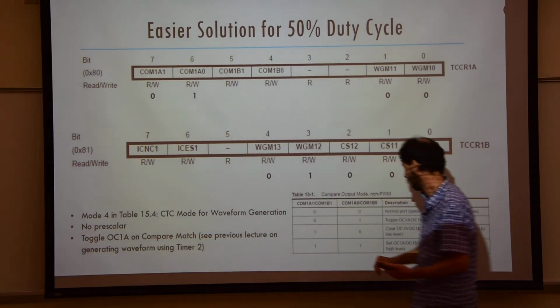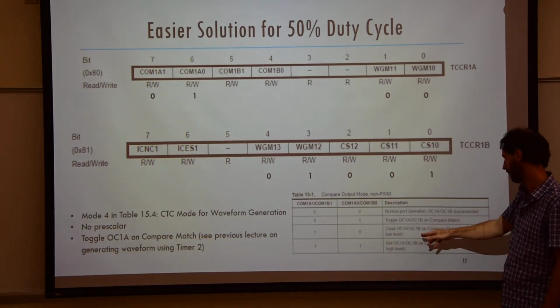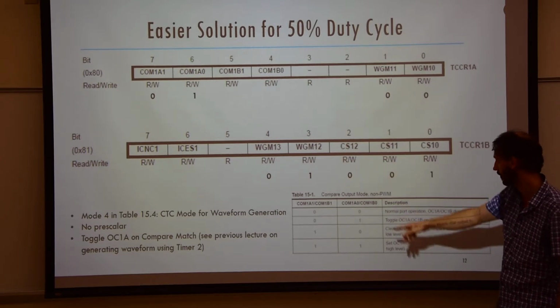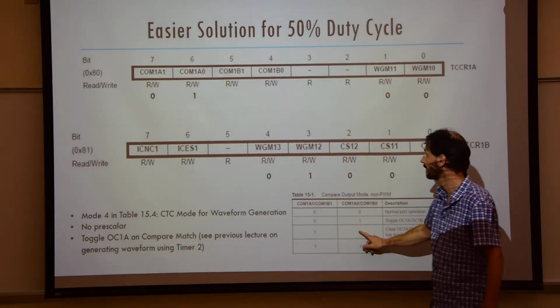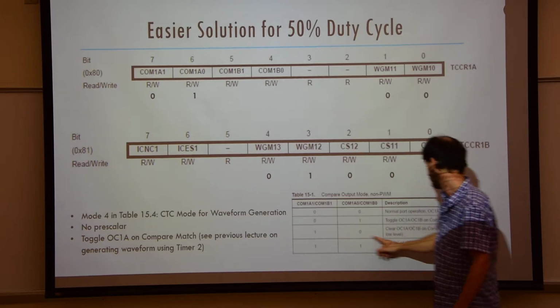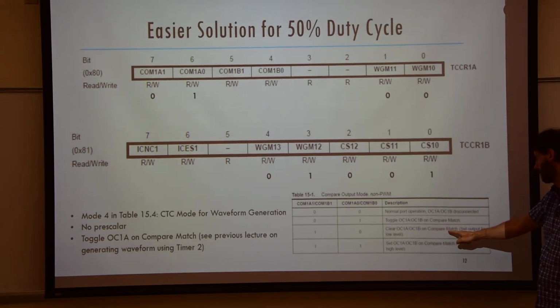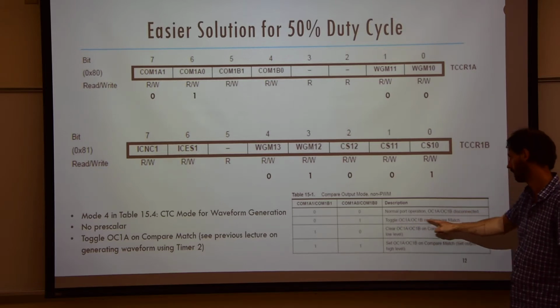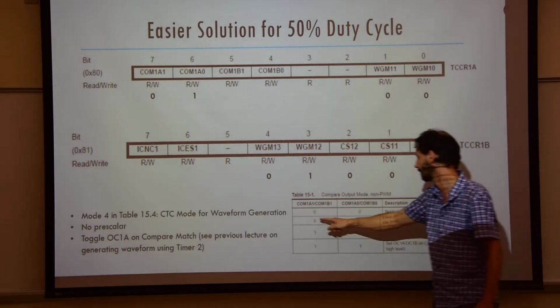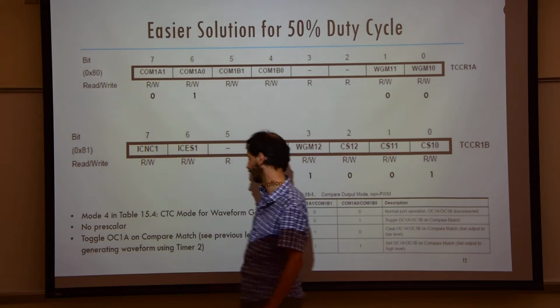Well, then we want to have 0, 1, 0 and 1, so that would be clear the OC1A on compare match. No, we want to toggle the OC1A on compare match, so we have a 0 over here and a 1 over here, exactly.